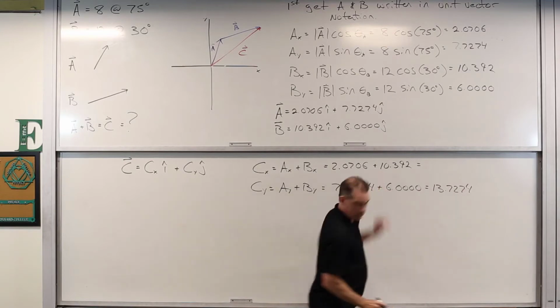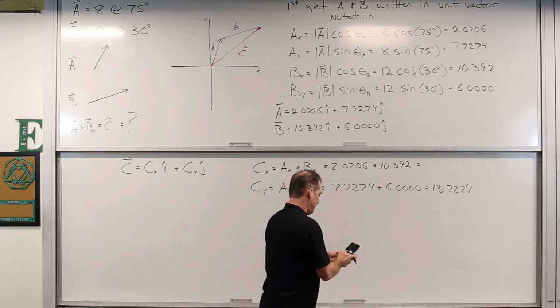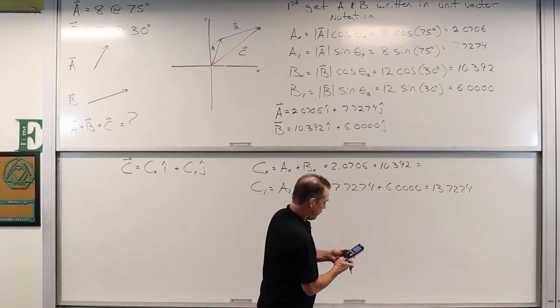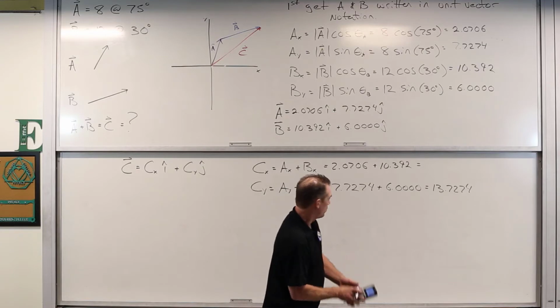And this one, I'll just stick in the calculator really quick. Life easy here. We got 10.392 plus 2.0706. That's 12.4629.